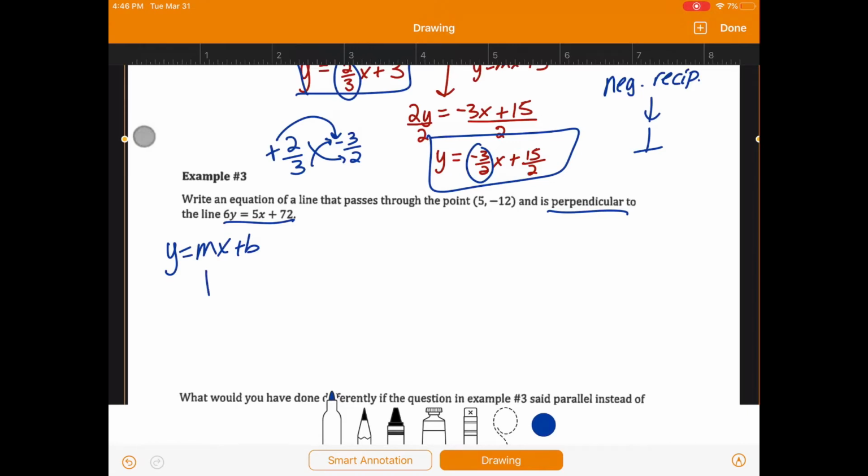Then we're going to figure out what the slope is. And then we're going to do the negative reciprocal of that. Then that's going to be our slope. And when we've got the slope and a point, then we can use our point slope formula from lesson 1, which is this.